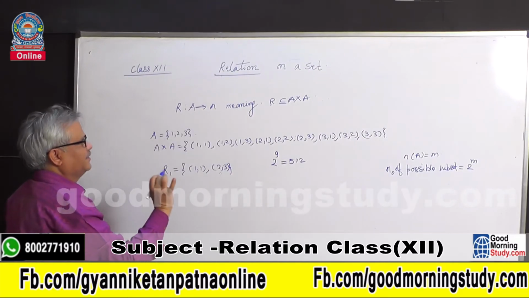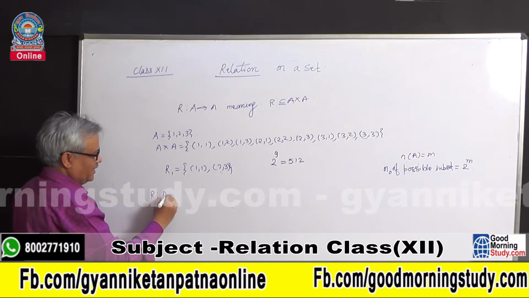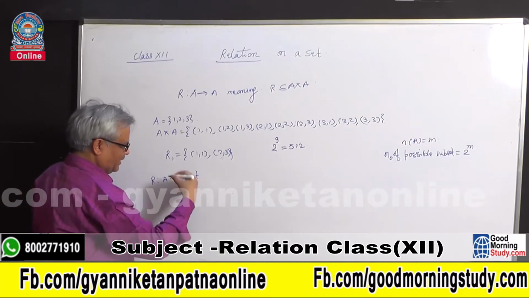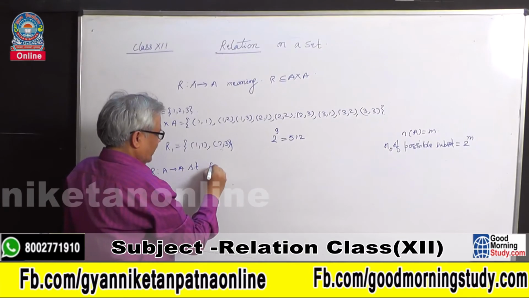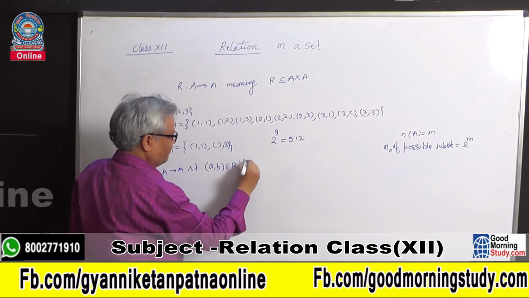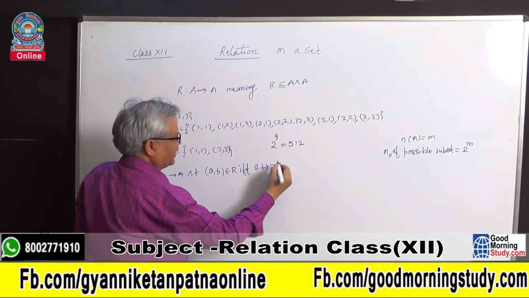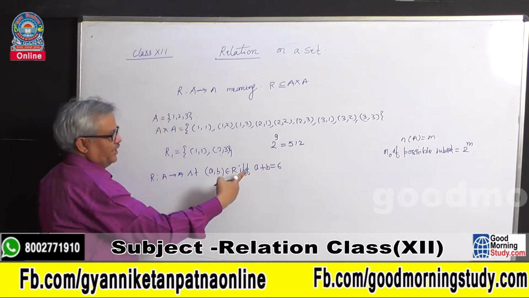Here I have taken just an example, but how do we write it? We write the relation under certain given criteria. R is a relation defined on the set A to A such that, I am giving one example related to it, (a, b) belongs to R if and only if a plus b is equal to 6. So this is the criteria for how the elements will be related.